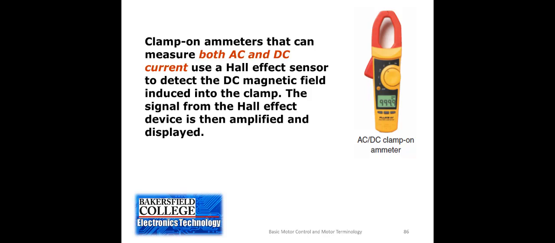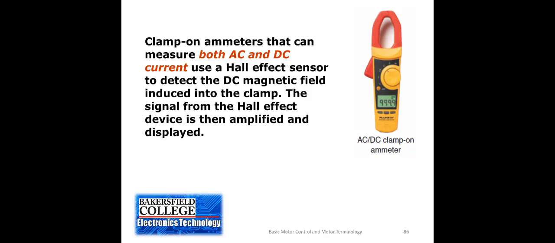The old clamp-on meters used a coil of wire as a transformer. It was like a current transformer that we talked about before. It's just a loop of wire, and when the magnetic field builds up and collapses in an alternating current carrying wire, it will induce a little bit of voltage in that coil.